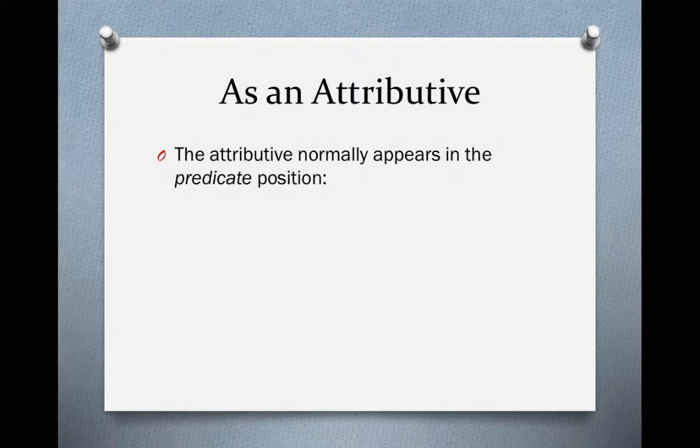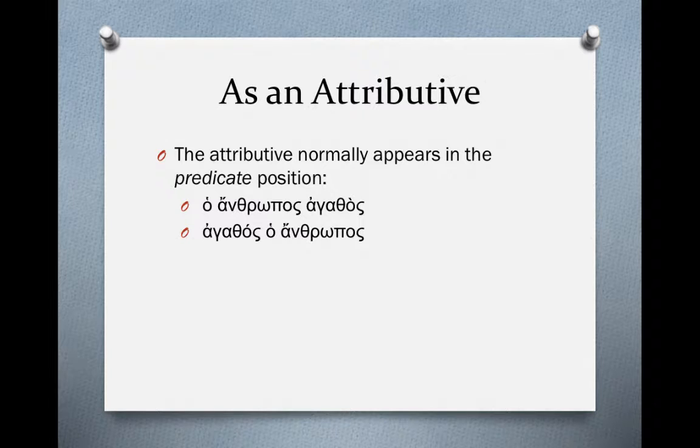And that's a little strange because the predicate position, as we talked about in the article, is generally when the noun has the article and the adjective doesn't. And for adjectives, it's not translated as an attributive adjective. We generally have to provide the keyword "is." So this is what we're saying.